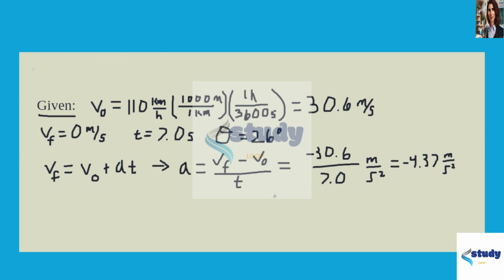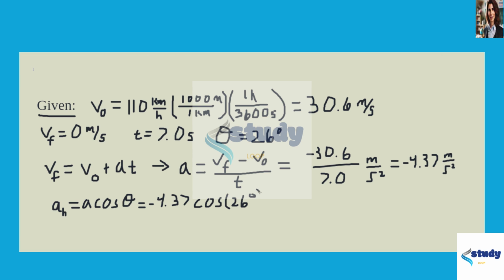Now that we know the total acceleration, we can break this into the horizontal and vertical components we were asked to find. So the horizontal component, which is a sub h, is going to be equal to the acceleration times the cosine of the angle. So this is minus 4.37 times the cosine of the angle, which was 26 degrees for the ramp.